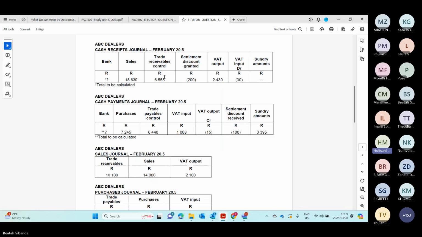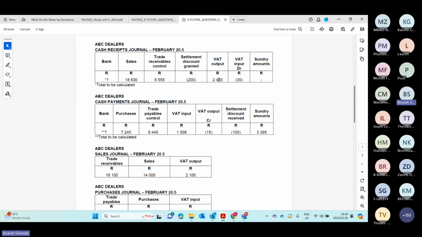Yes, cash receipts. Okay, so I said we are going to add all these amounts. So we are going to add the 18,630, the 6,555, and then we deduct the 200 because this is the discount. We're not going to receive it. So we take it out, and then we are going to add the 2,430.